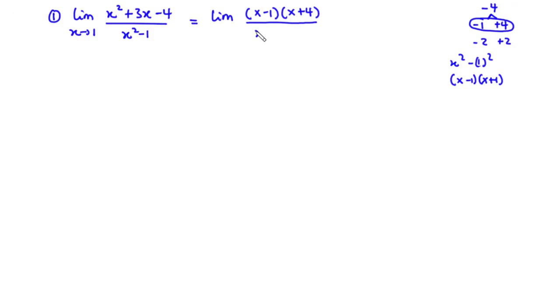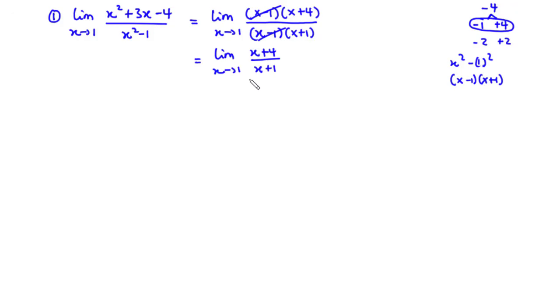So we have this to be x minus 1, x plus 1 as x approaches 1. Now we have x minus 1 over x minus 1, so let's cancel them out. And therefore we have the limit of x plus 4 divided by x plus 1 as x approaches 1.